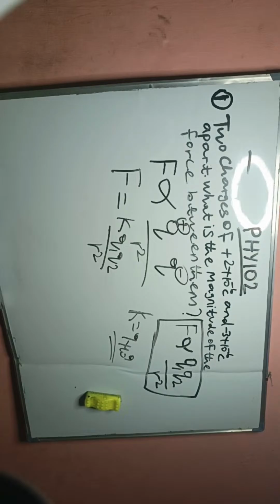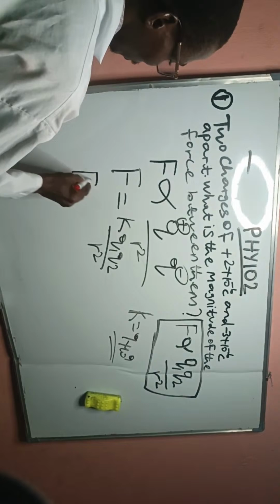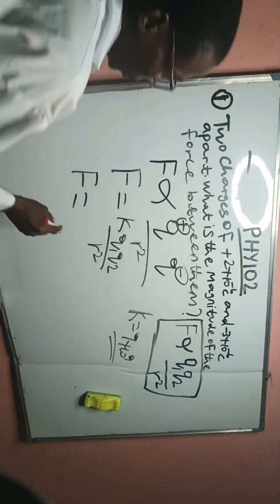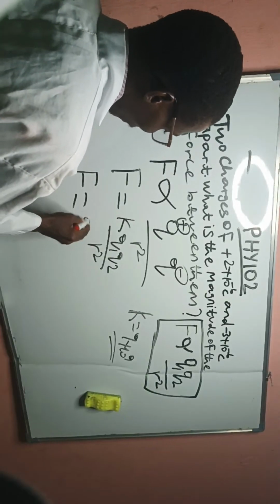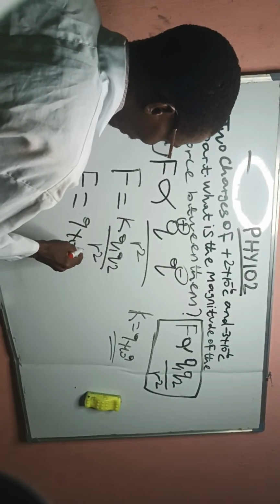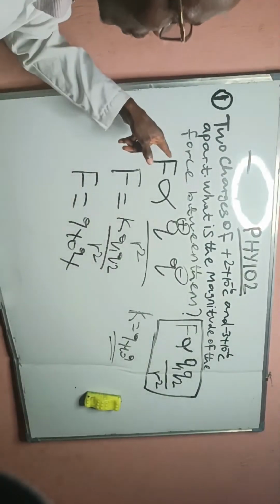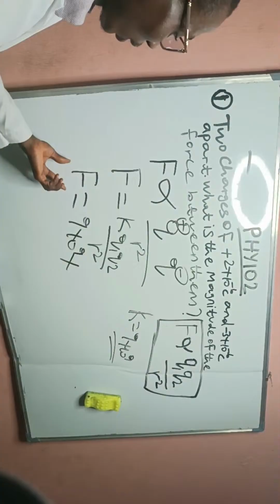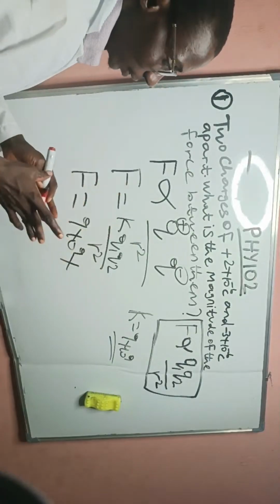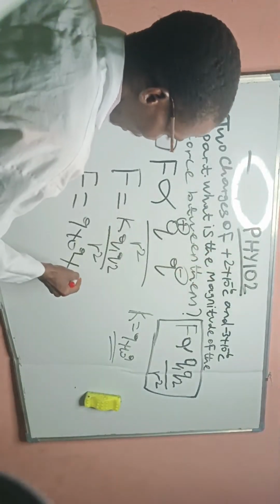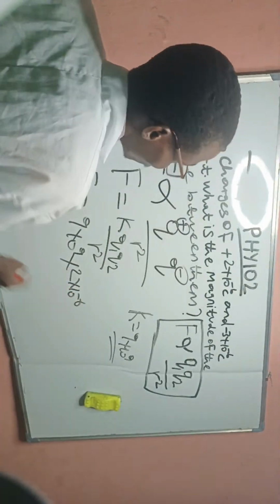Now, in respect to the question on the board, using this formula, we can now say that F equals, remember our k, this is k, known as 9 times 10 raised to the power 9, multiplied by q1. Remember, from the question they say force between them, which means we are looking for the value of F. Then for q1, the first charge, we have 2 times 10 raised to the power minus 6.